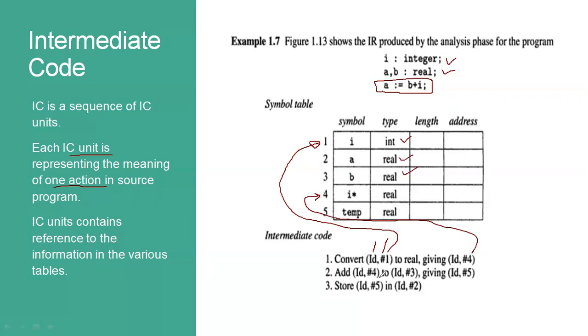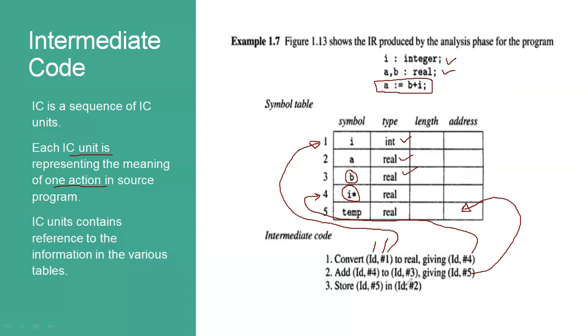Next is add ID #4 to ID #3. Add ID #4, 4 means I star, to ID #3. 3 means B. So add ID #4 to ID #3 means B to I. Giving ID #5. Giving ID #5 means what? ID #5's name is temp.